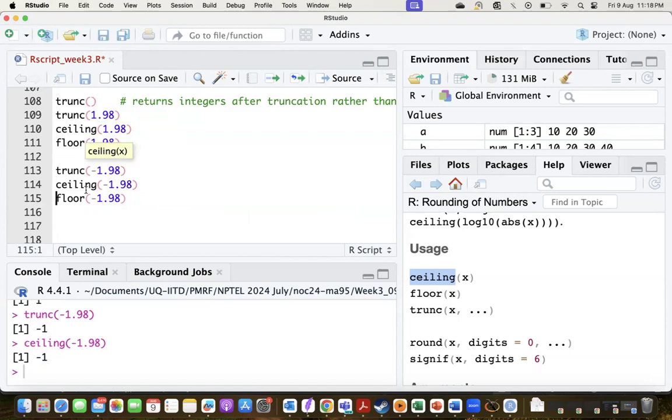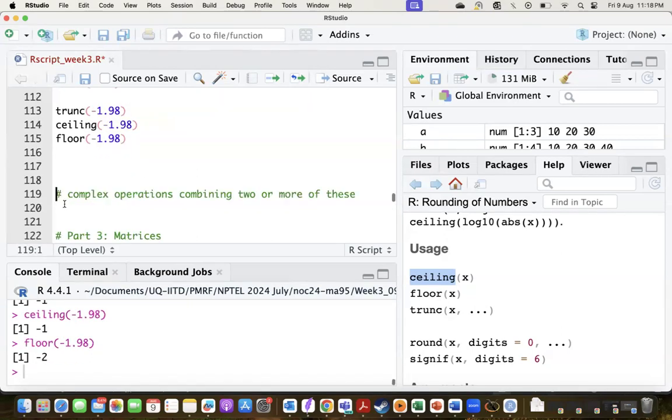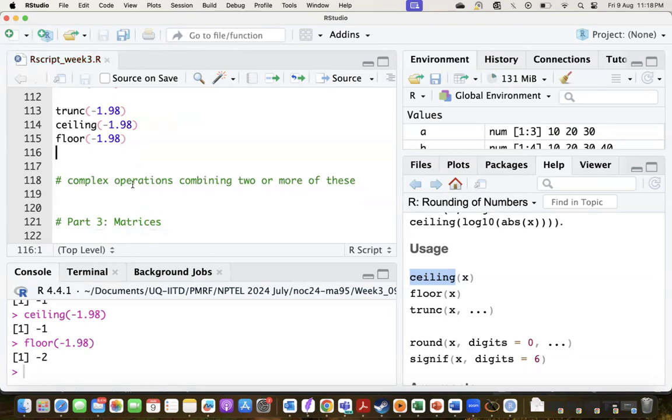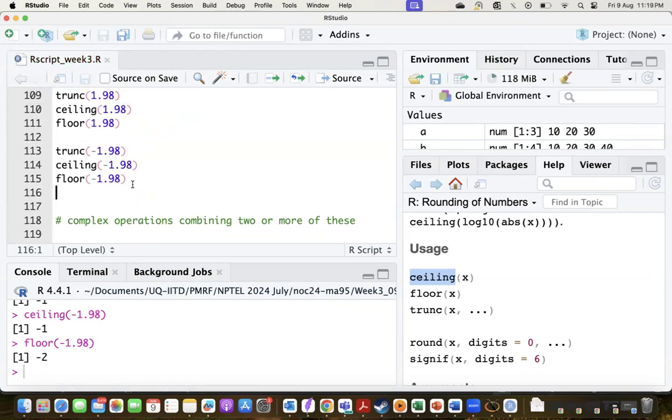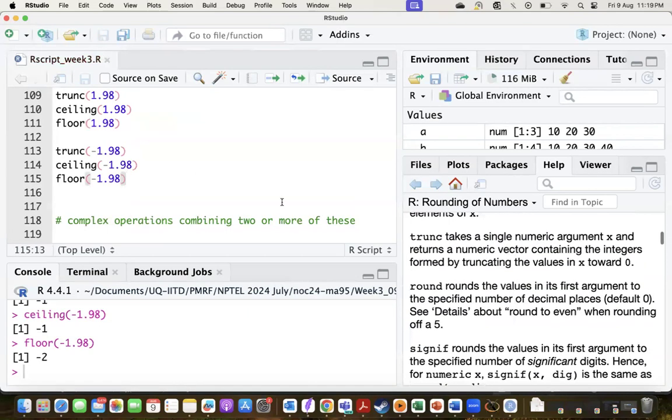So when you have -1.98, the next higher number is -1. And when you are talking about floor, the lower integer than that was -2. This is quite intuitive once you understand what these words mean. Truncation is just removing the decimal, ceiling is always the next higher integer, and floor is always the previous lower integer. Okay?